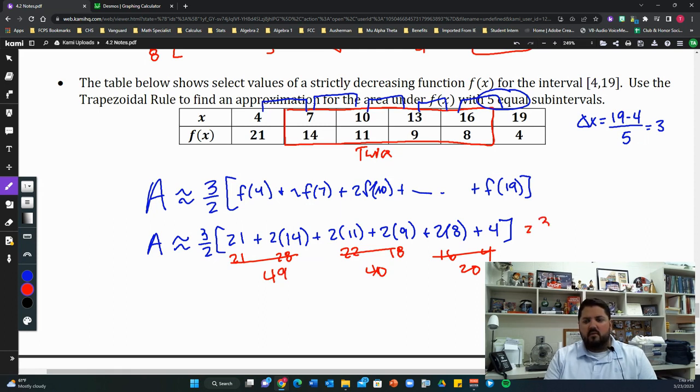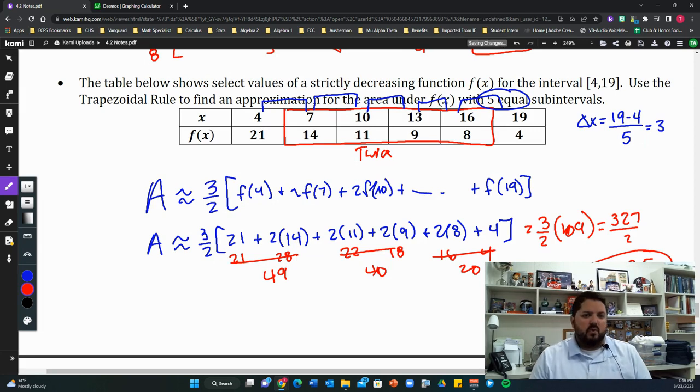So we have 3 halves times 109, or half of 327, which gives me 163.5. And that is our trapezoidal rule approximation for the area under that curve.